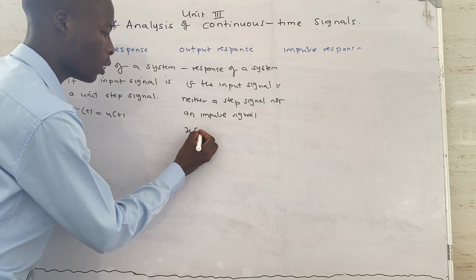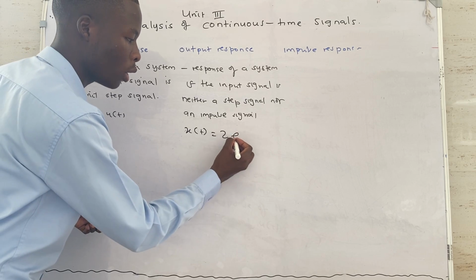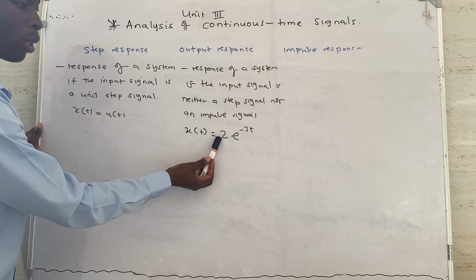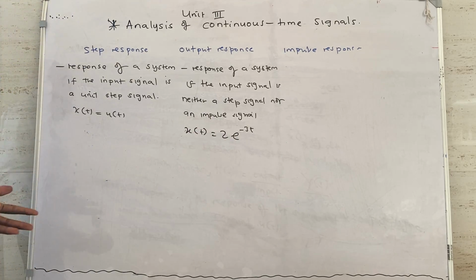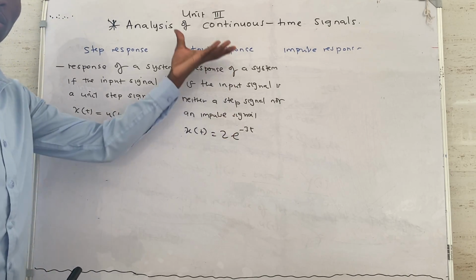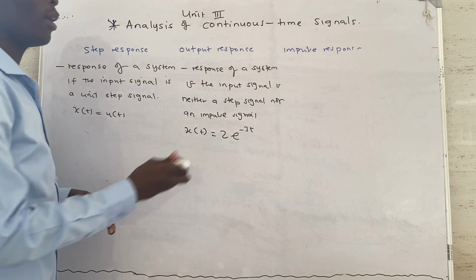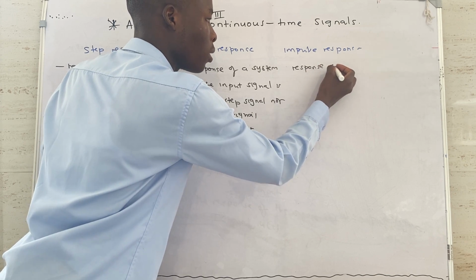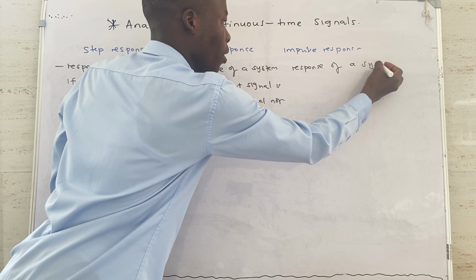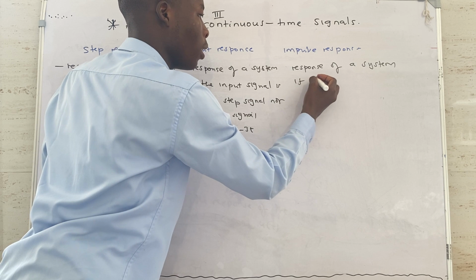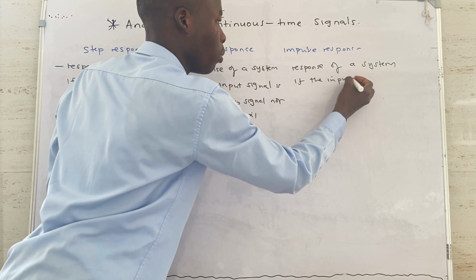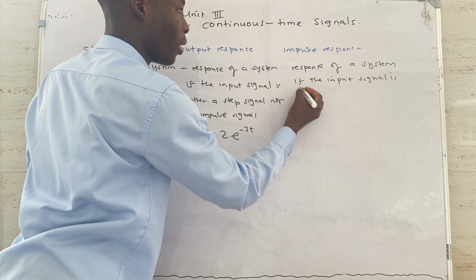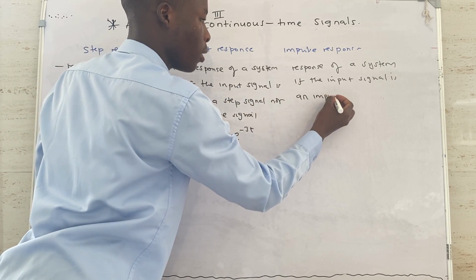Suppose x of t is equal to 2e to the power negative 3t. In this case, you are going to calculate the output response. Then the impulse response is the response of a system if the input signal is an impulse signal.